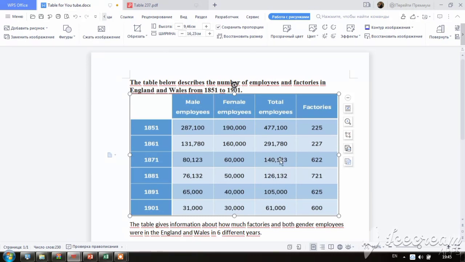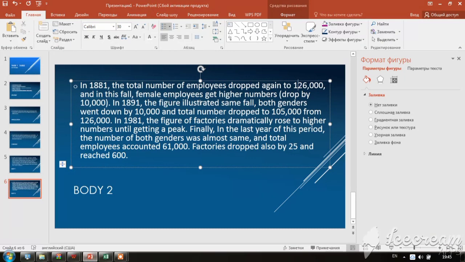In our second body paragraph we say 126. Total employees also dropped by 40,000, and it's much higher. Female employees dropped by 10,000, and male employees dropped by about 4,000.